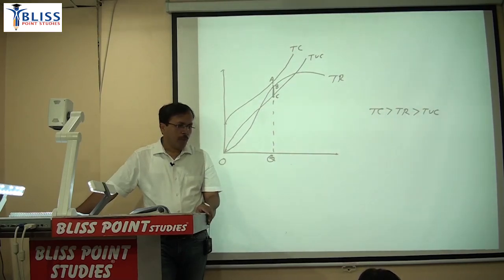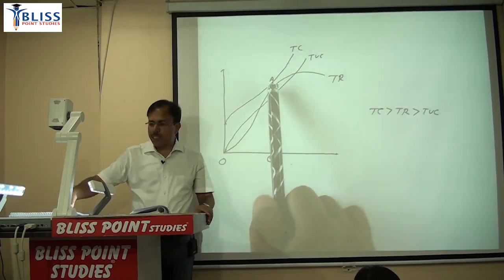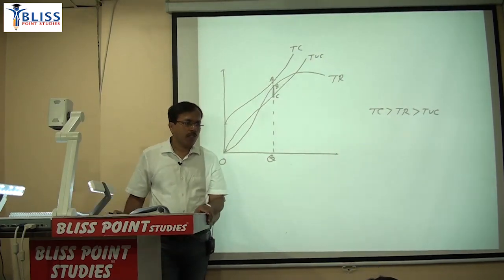And in the case of normal profit, it must be just tangent here. Clear?